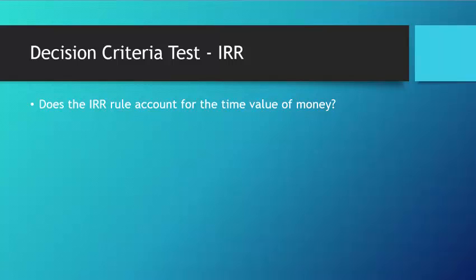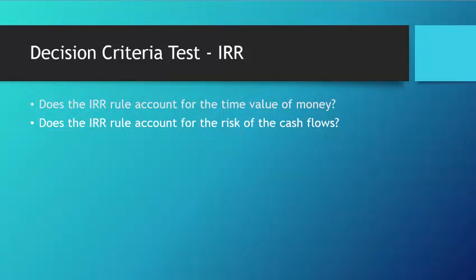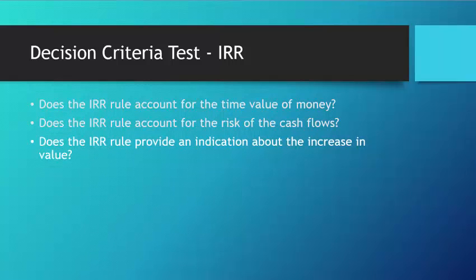So does it take into account the time value of money? Yes, it does. Does the IRR rule account for the risk of the cash flows? Well, because we can adjust the weighted average cost of capital, the hurdle rate, for risk, the answer to that one is also yes.